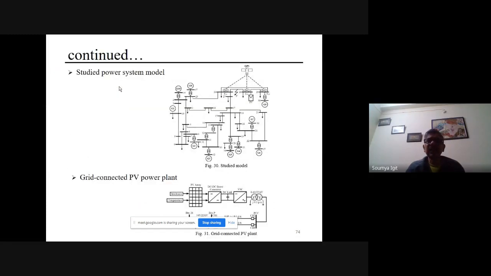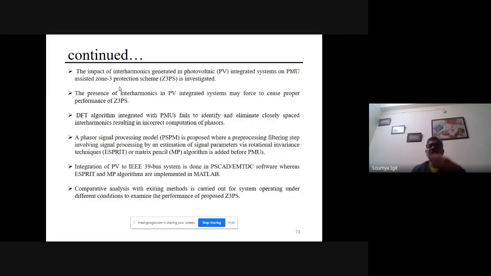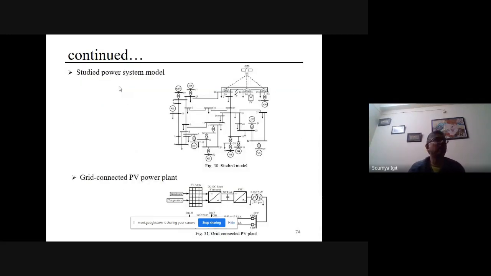I have also talked about some certain backup protection. I don't want to go into it again, because I told it earlier also: the backup protection is the last line of defense. When you go for the distance relay, you should not have any overreach or underreach subjected to any arc or DC offset.